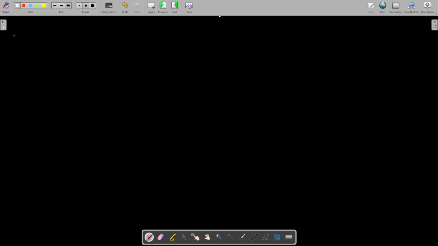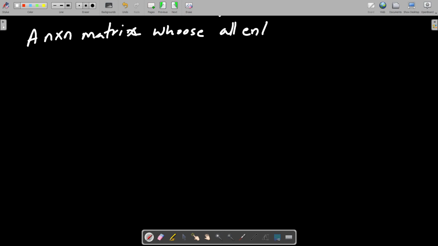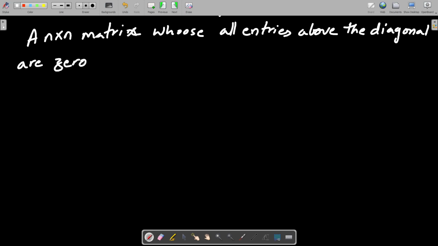Same way you can also define an n cross n matrix whose all entries above the diagonal are 0, is called as a lower triangular matrix, because the entries above the diagonal are 0 and the non-zero entries are below.